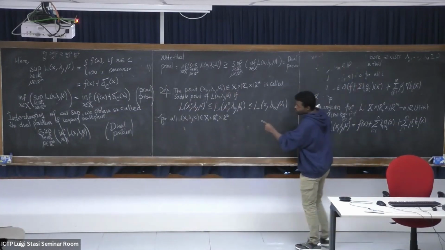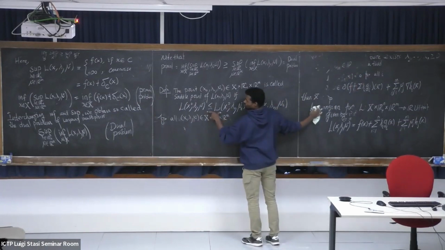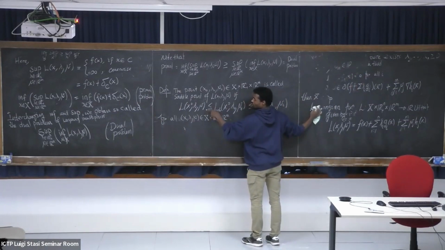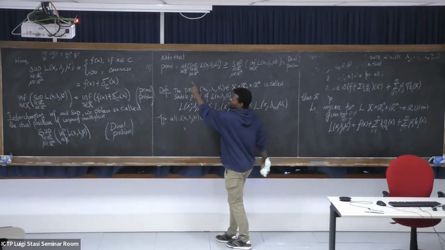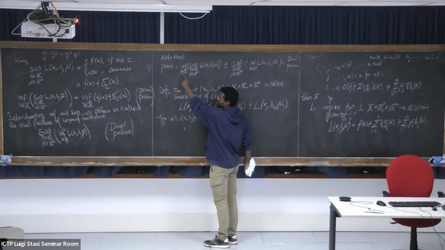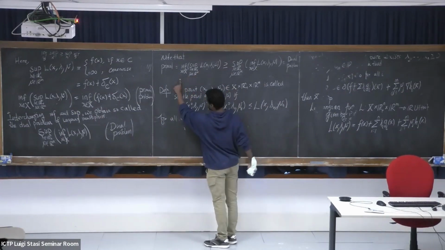If a point is a saddle point of L and satisfies this one, then it is a solution. X0 is a solution point of this minimax problem. The supremum is first, then the infimum. X0 satisfies this one.